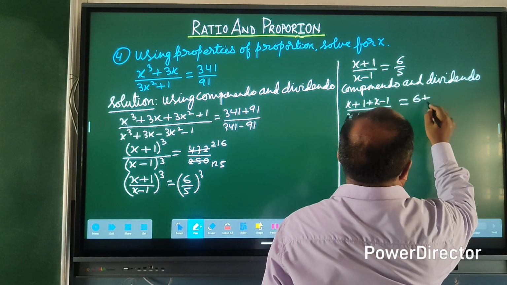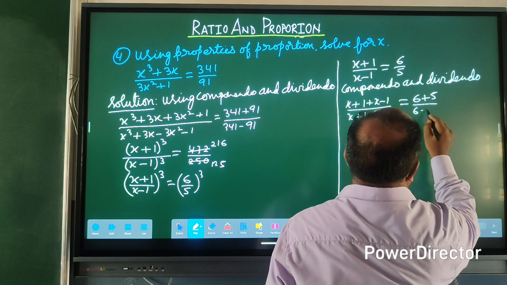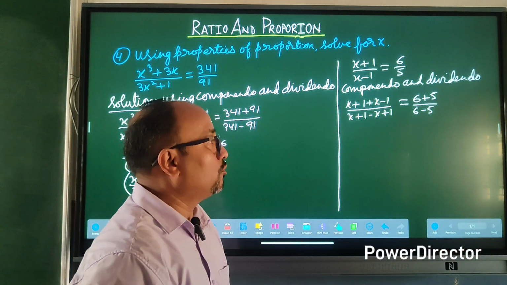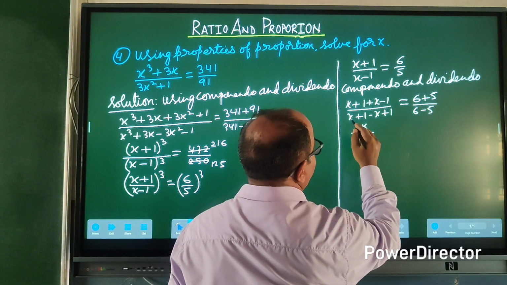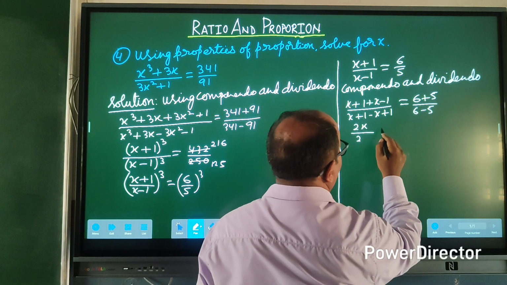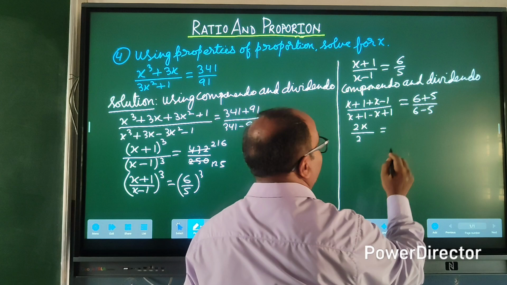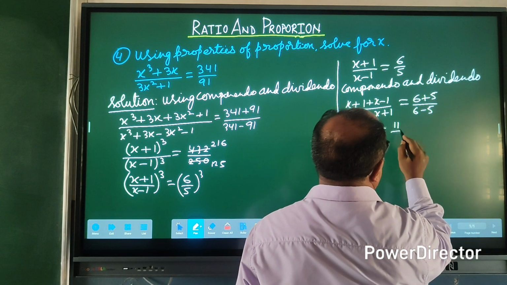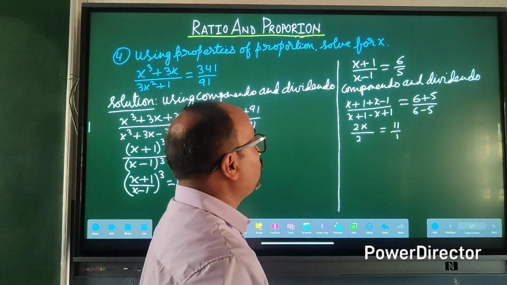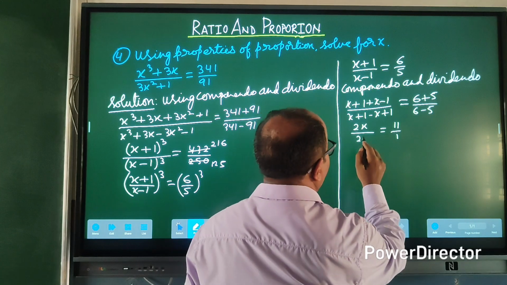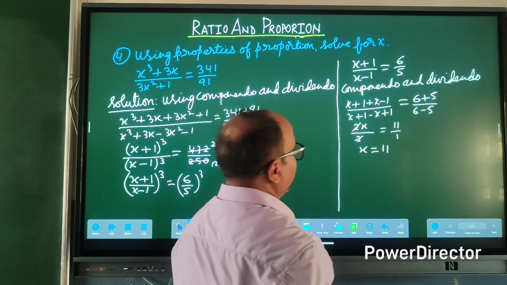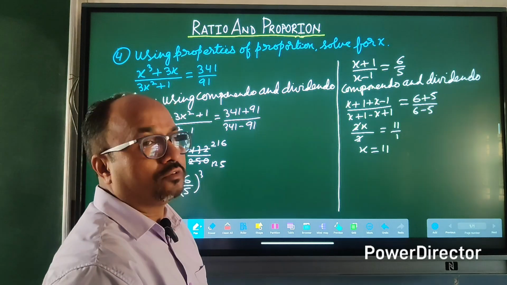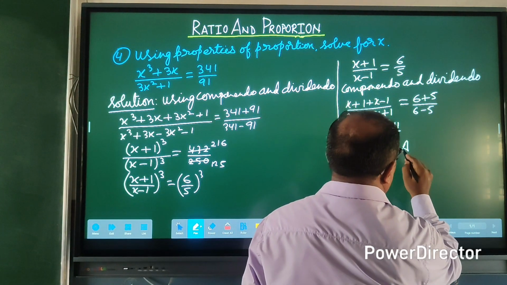This side, (6 plus 5) by (6 minus 5). So 1 is getting cancelled here, so 2x, x is getting cancelled here, so 2. And you get here 11 by 1. So 2 is cancelled here, so you get x equals 11. So this is the answer for it.